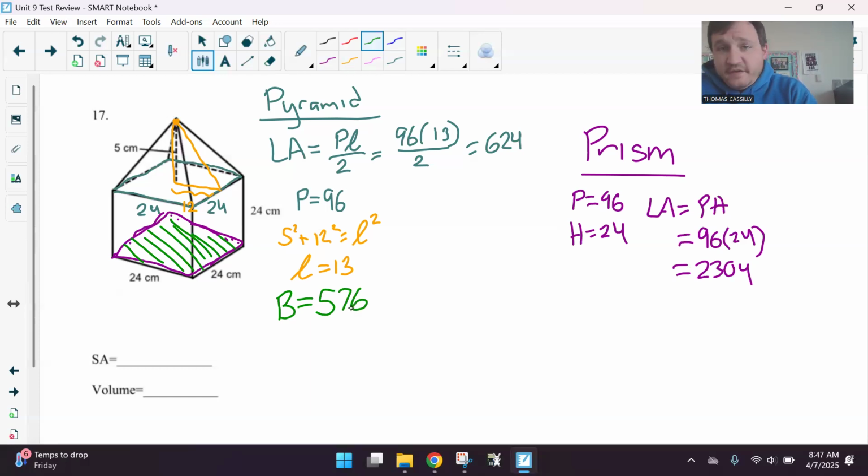So the surface area is going to be 624 plus 2,304 plus 576. Add all of that together, and we get 3,504.